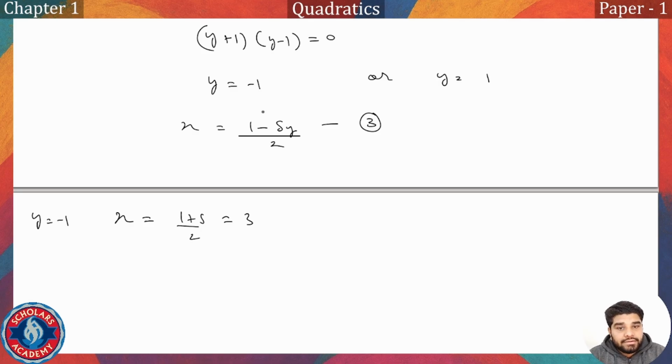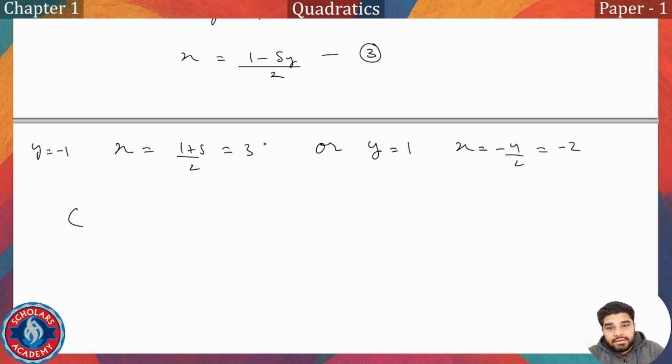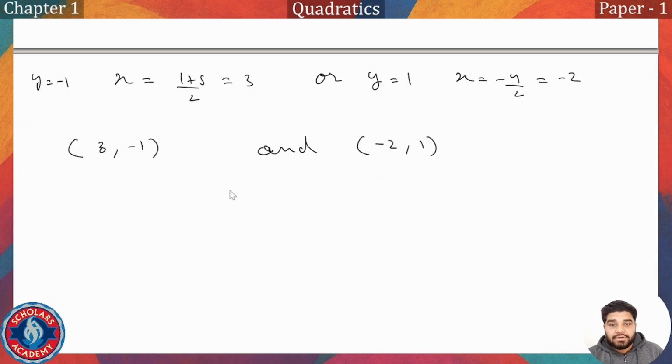And for y is equal to 1, we get x is equal to minus 4 upon 2, that is minus 2. So the two coordinates are 3 comma minus 1, and negative 2 comma 1. So these are the two coordinates.